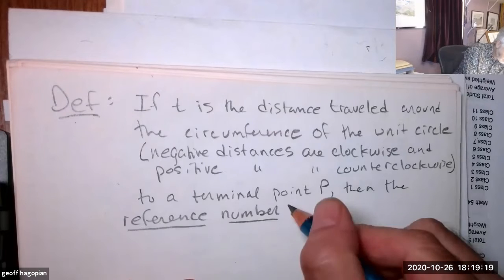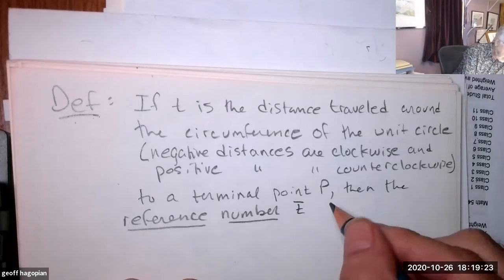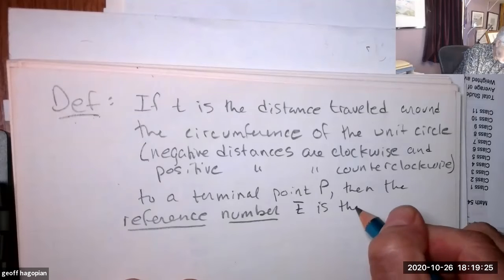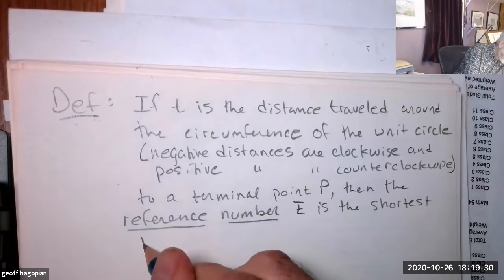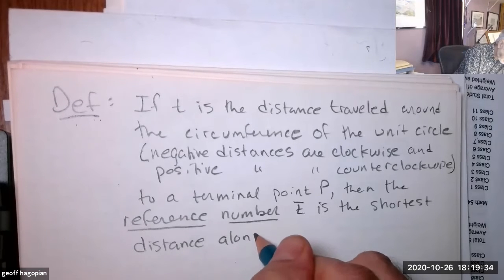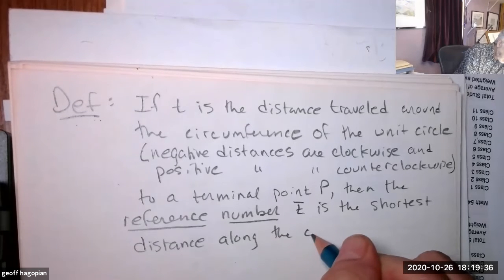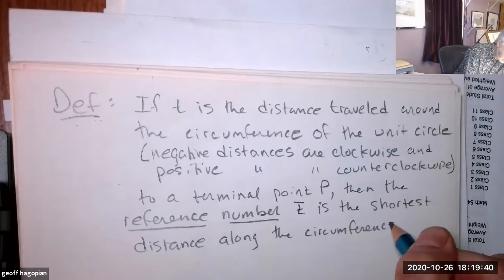So the reference number, which is denoted t with a bar over the top, is the shortest distance along the circumference, and it's always a positive number because this is a distance, right?